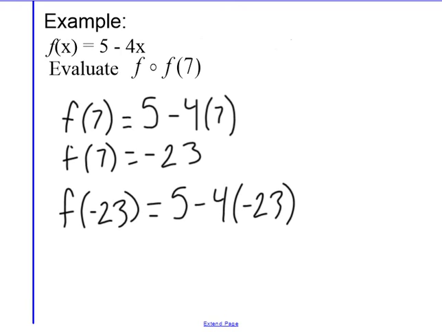So our answer for this would be 5 minus, do the multiply first. 4 times negative 23 is negative 92, so minus negative 92 is positive 92. And so our final answer for this problem is 5 plus 92, and that's 97.